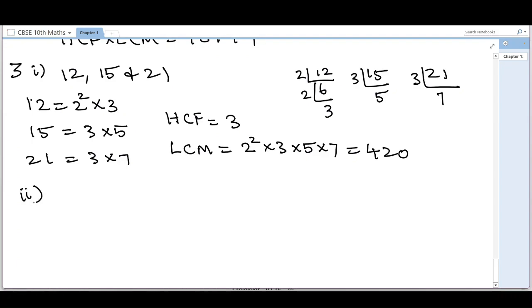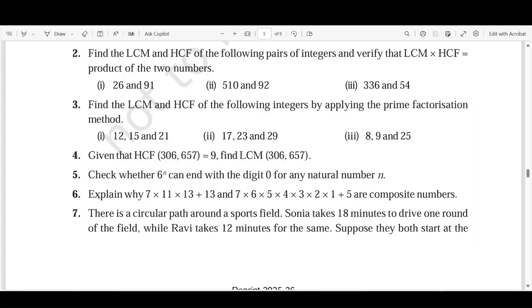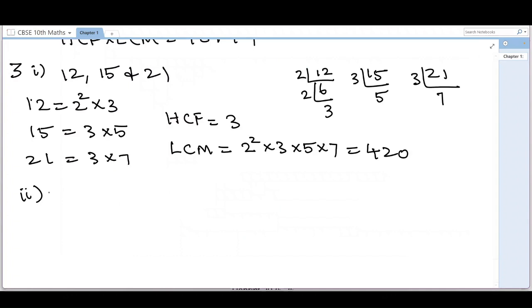Question number 2, 17, 23, 29. So we can easily identify that 17, 23, 29, all these three numbers are prime numbers.